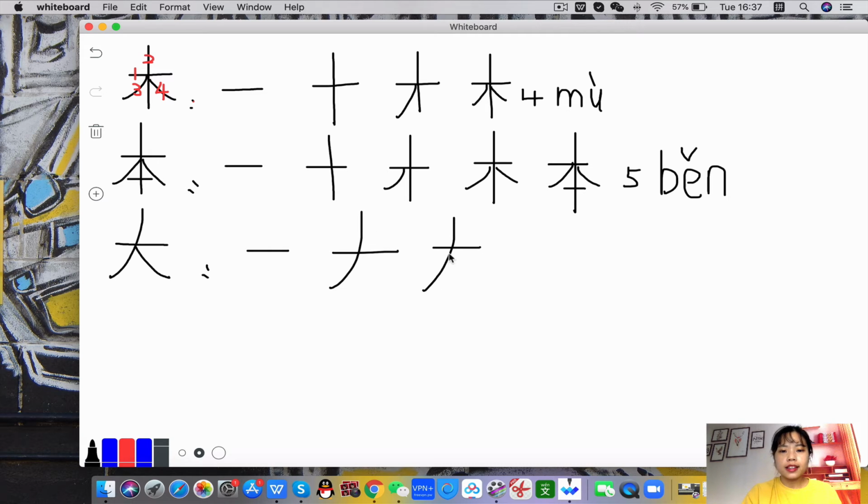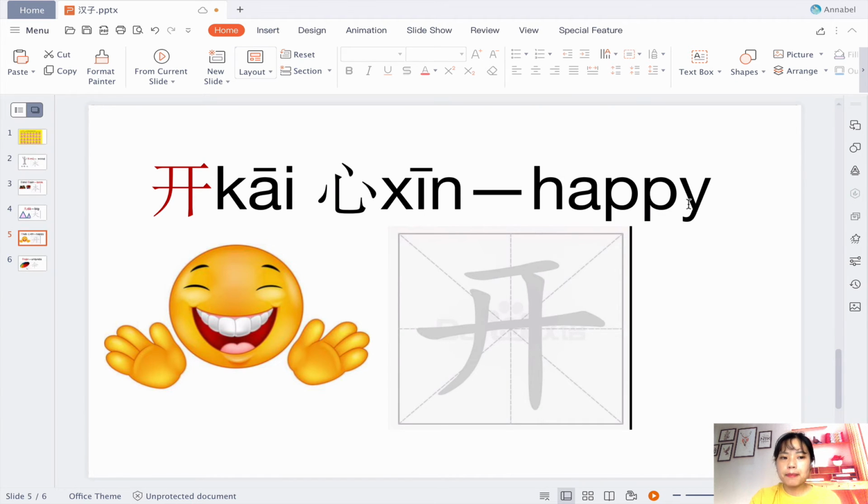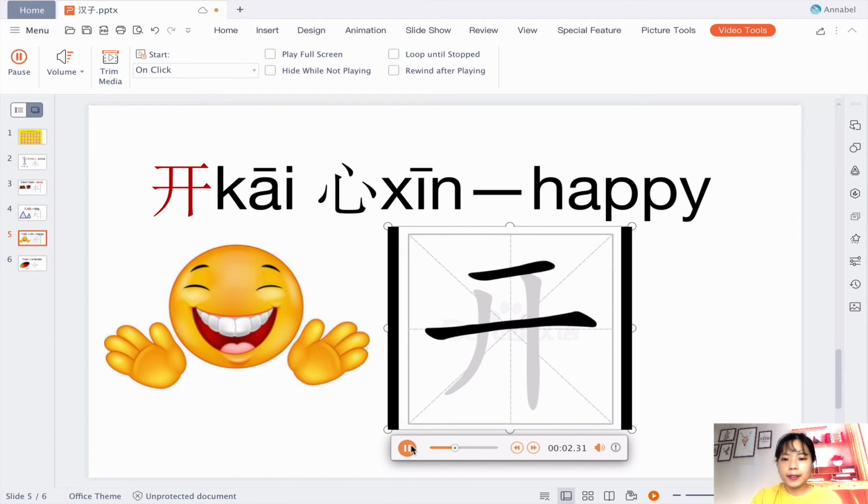Third is 捺. 大. This has 3 strokes only. 它是4声的大。Next, this one is 开, happy. How to write 开: 横撇竖. One more time.